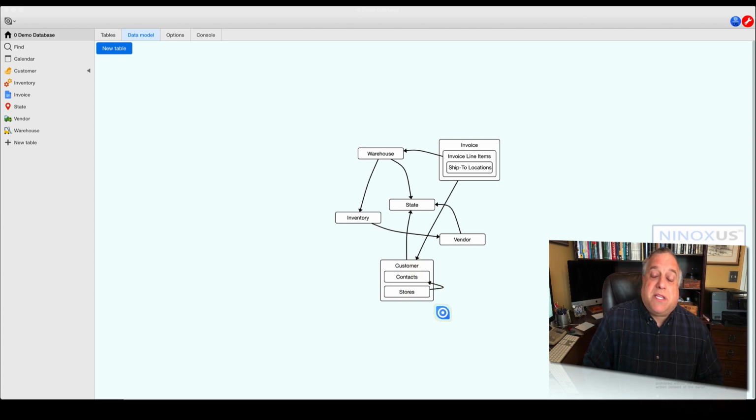So there are 2 relationships happening concurrently, all within this customer stack. Stores and contacts are the children of the parent customer. So they have the relationship of being siblings, but they also have a second relationship where one of the records in the contact table is actually the manager of a store.